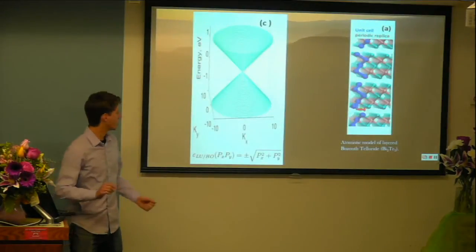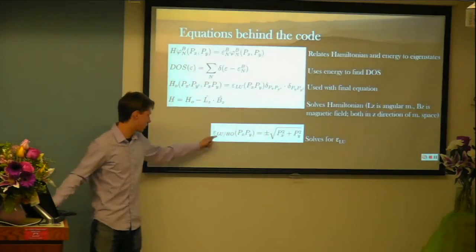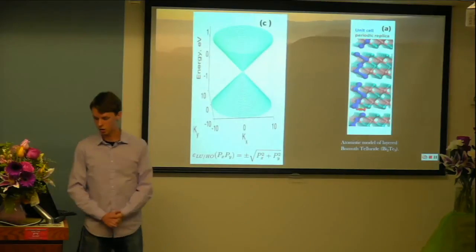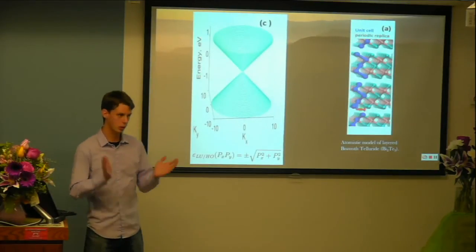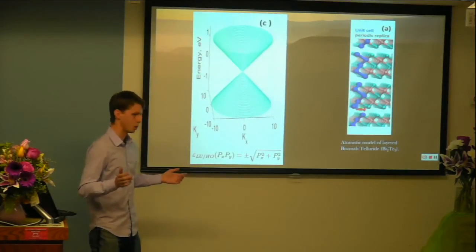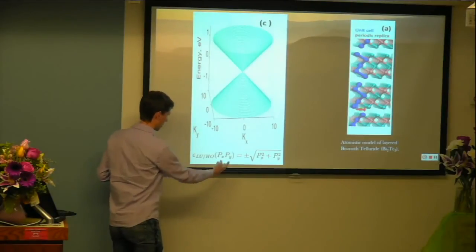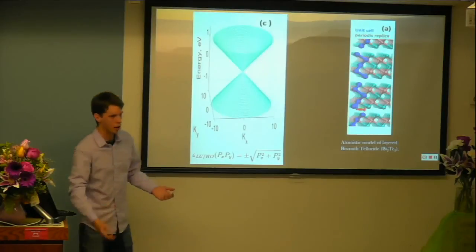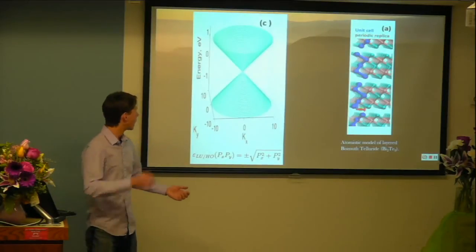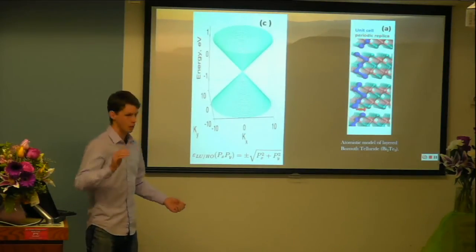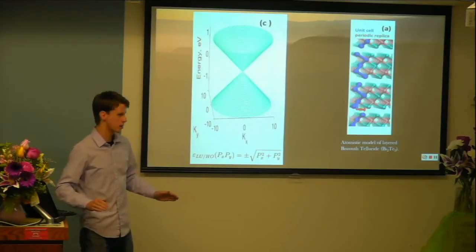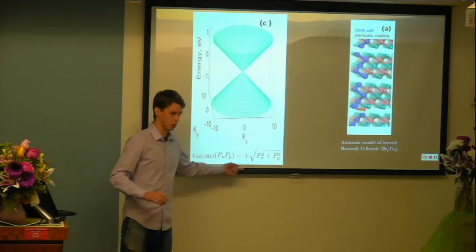And so a little bit of a representation of this last equation here. This cone is what that equation looks like when mapped out again in momentum space, and ky and kx are represented as px and py here. The top is the lowest unoccupied, the bottom is the highest occupied, corresponding to positive and negative.